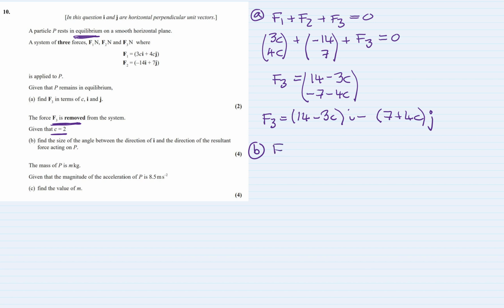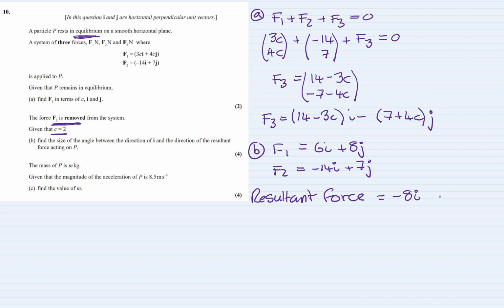I know that F1 is equal to 6i + 8j, because we've now been told that c equals 2, and we had F2 equal to -14i + 7j. So my resultant force is going to be equal to 6 - 14, which is -8i, and 8 + 7, which is +15j.